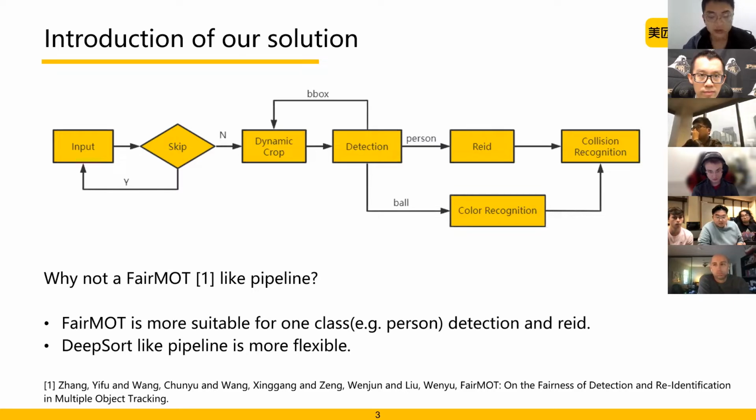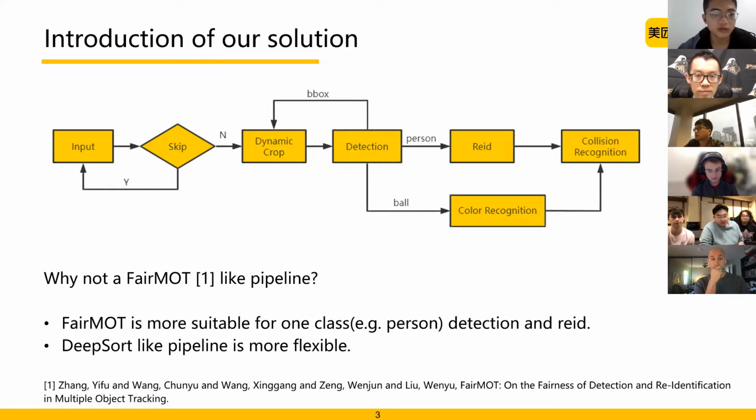After that, it goes through a detection system. The output of the person detection will be re-identified, while the output of the ball detection will be color recognized. The collision recognition will be executed at last.